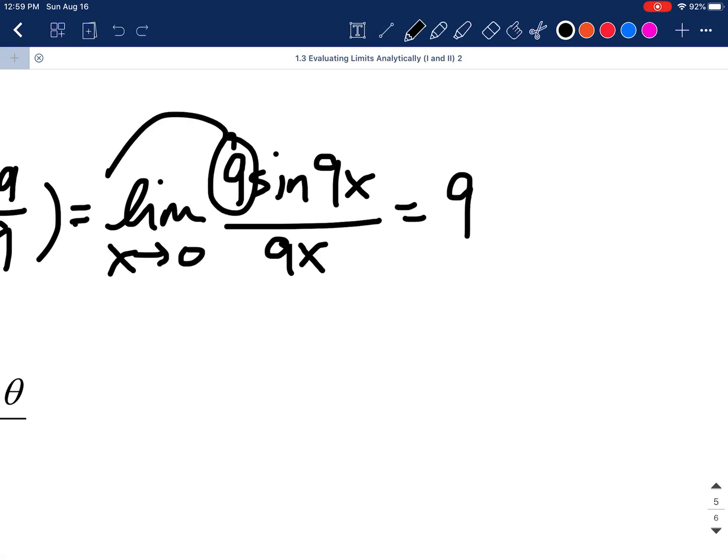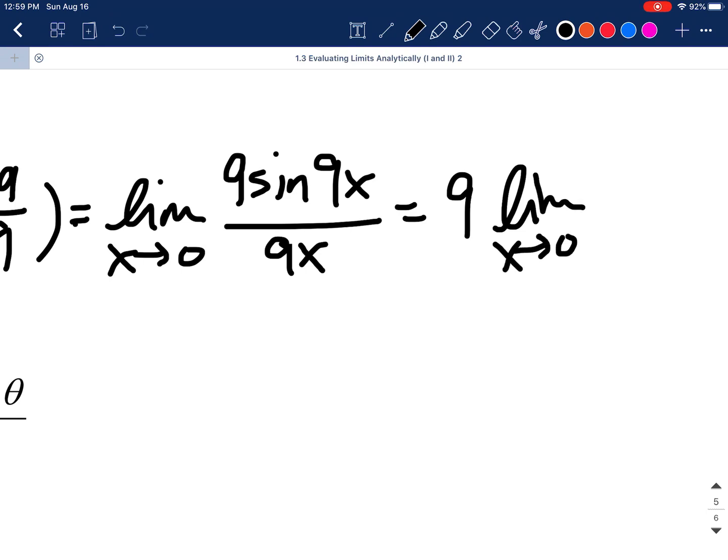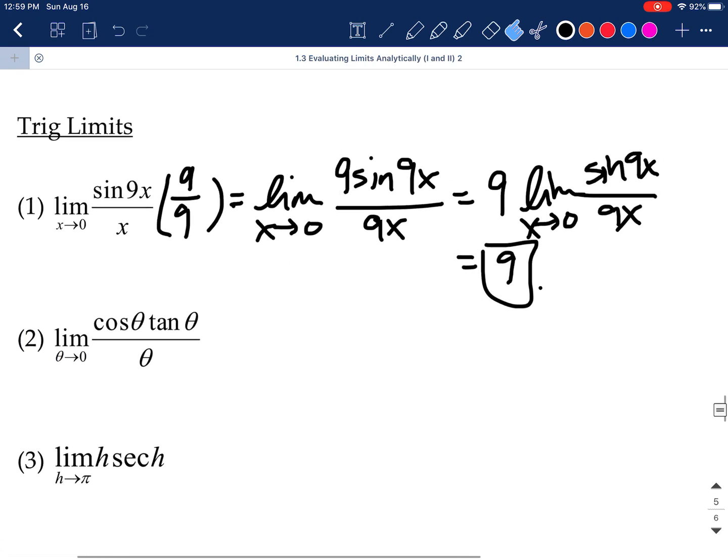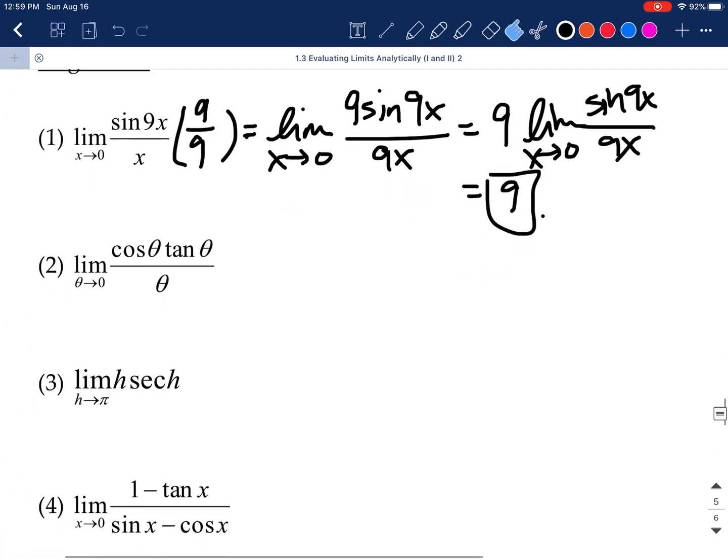Just factor it out. That's one of our properties of limits. And then we're left with the limit as x goes to 0, sine 9x over 9x, which equals 9. And we're done. So again, keep that limit notation in, though, until you're applying that specific special trig limit.